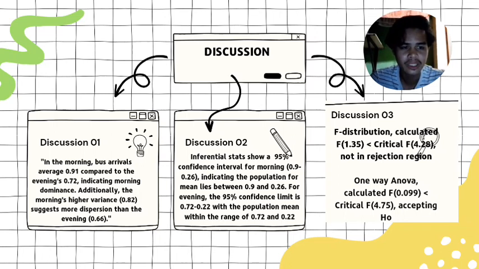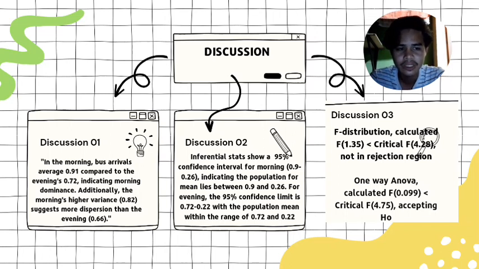The 95% confidence interval for the morning is 0.72 until 0.22, with the population mean within that range.